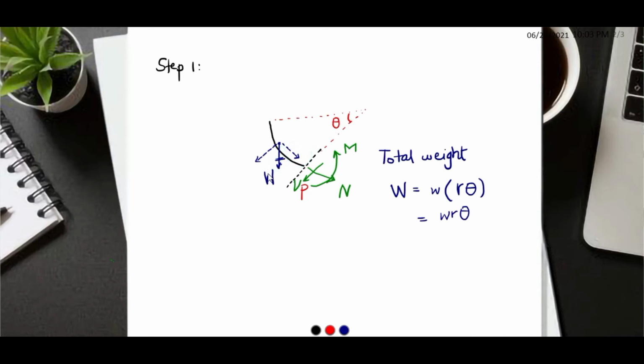If this is theta, then this will also be theta, so this will be W sine theta, and this will be W cos theta. Now let us specify some directions. Let us denote this as y and this direction as x.